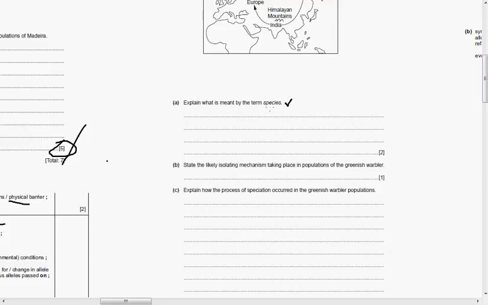A species, as we know, is a group of organisms, and they have these three very important things. The same species have similar morphological characteristics, similar morphological features.